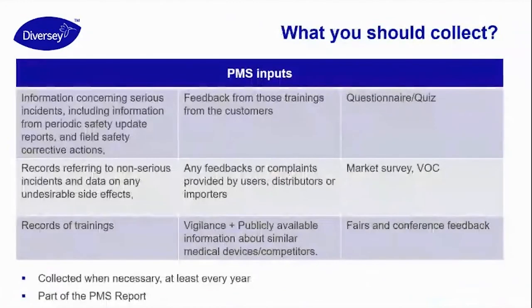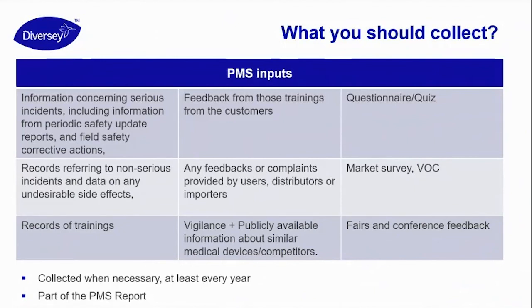What should we collect? Many types of different inputs. There are no rules about those inputs, so it can be information concerning serious incidents, including information from periodic safety update reports and field safety corrective actions, records referring to non-serious incidents, records of trainings, feedback from those trainings from the customer, and any feedback or complaint provided by a user, distributors, or importers.